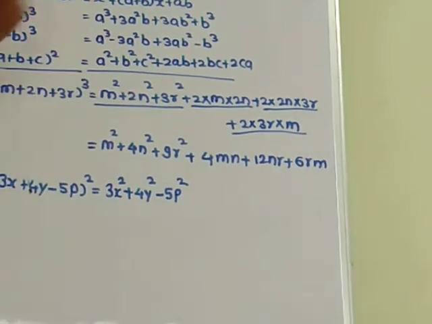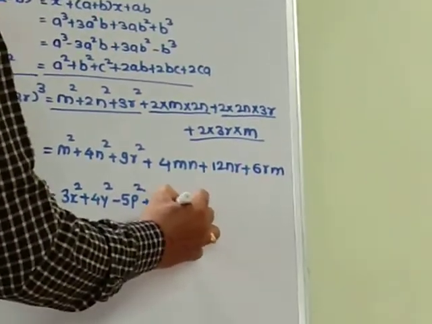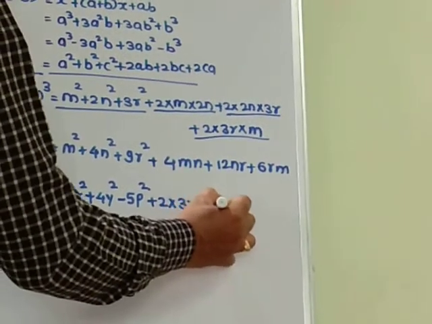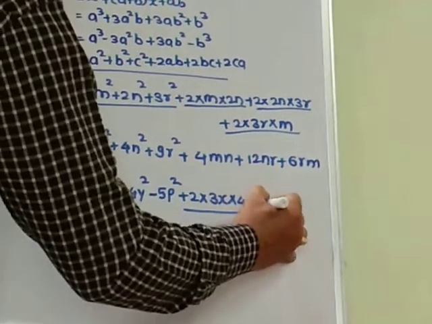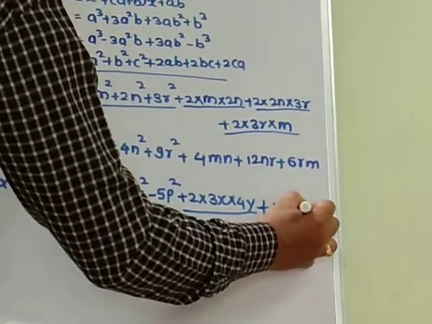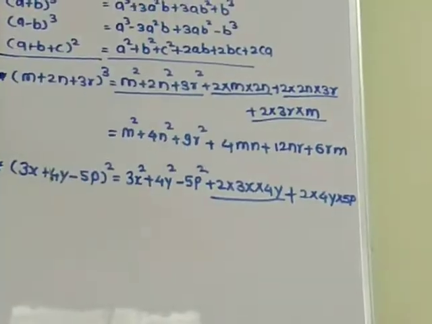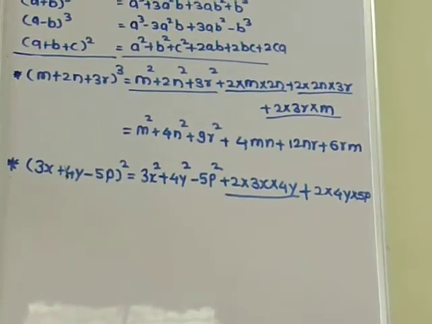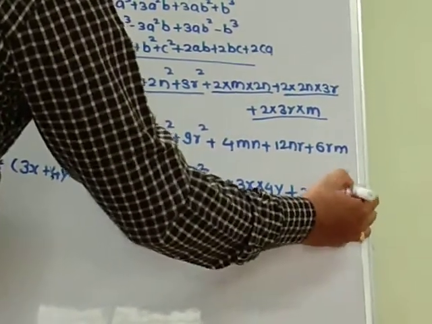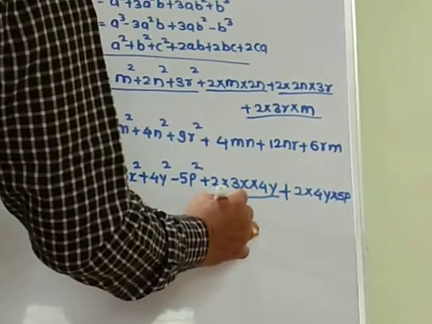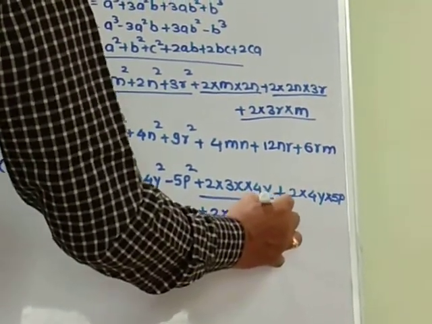Okay, the first is clear. Then 2 into first term into second term, plus 2 into second term into third term, that is a minus 5, plus 2 into third term into first term.